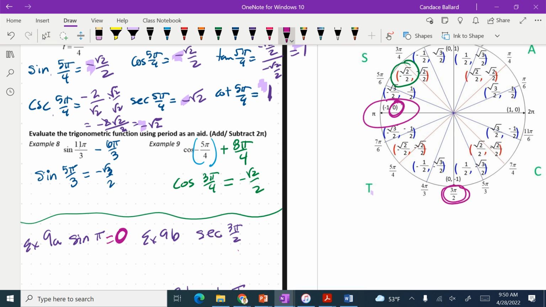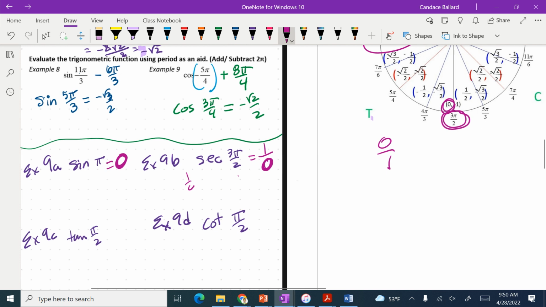Okay. What is secant the reciprocal of? Cosine. So I need 1 over cosine, right? What's my cosine in this coordinate right here? It's 0. So I need to flip the 0, right? It's right now 0 over 1, so I need to do 1 over 0.